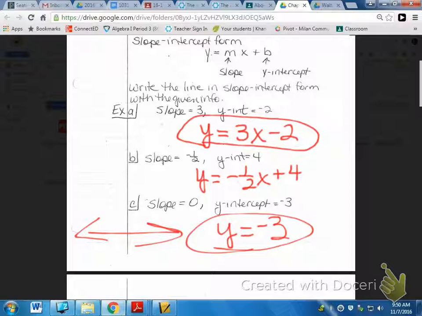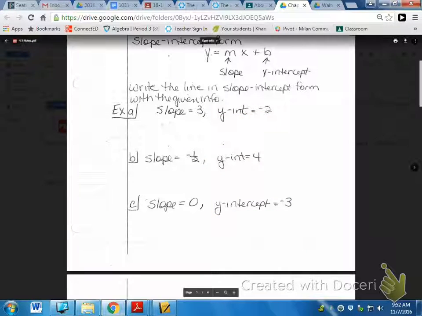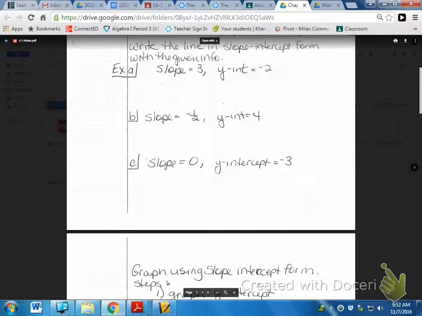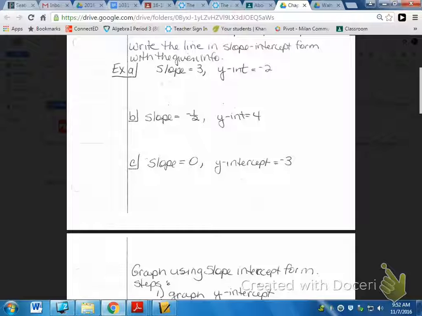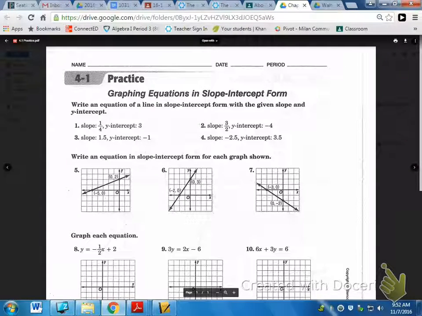Now, I did notice that there was also on the homework, which we'll talk about here in just a minute, they gave you a couple of problems. Let me just jump to it here really quick so you can see it. These right here, 5, 6, and 7. It says write the equation in slope-intercept form.